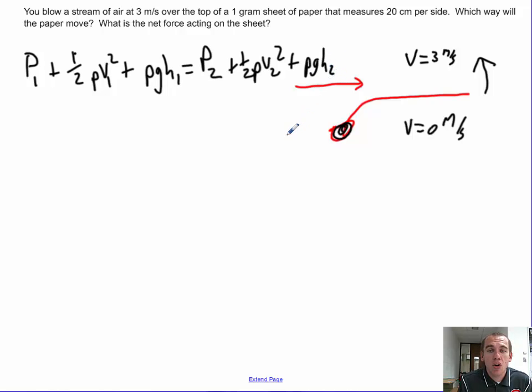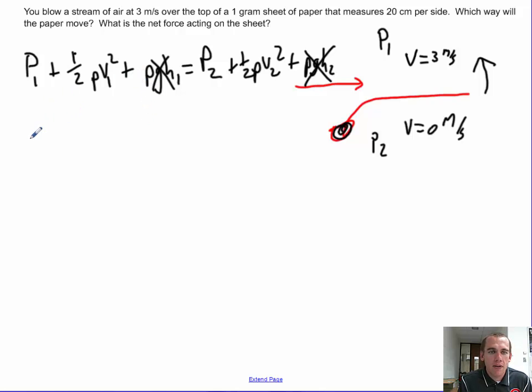A couple of these terms can go away right now. If this is P1 up here and this is P2 down here, the height is the same. We don't have a height differential in our column of air, so those terms subtract off each side and we're done.